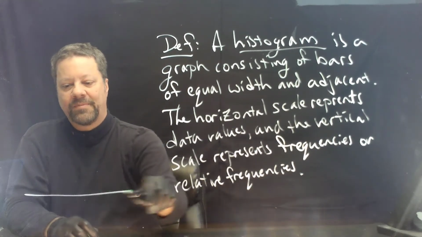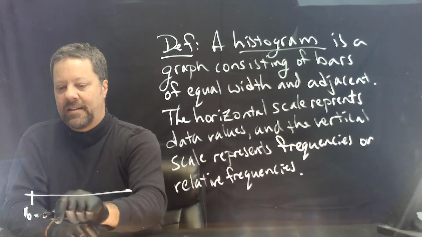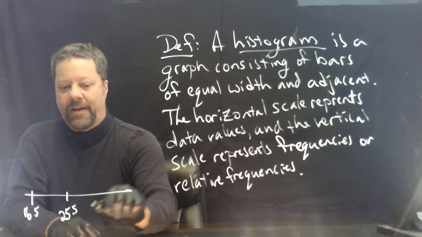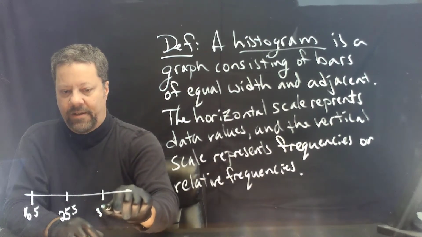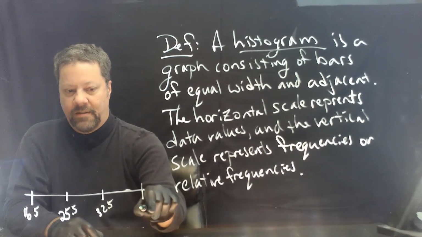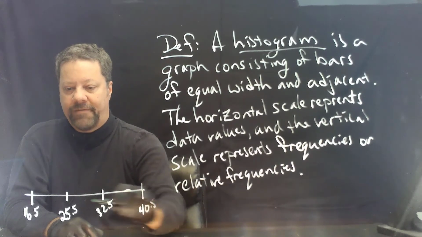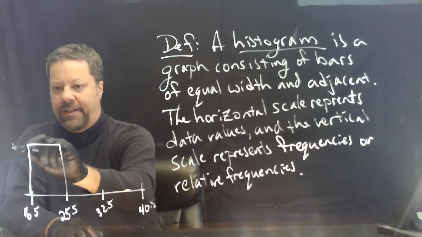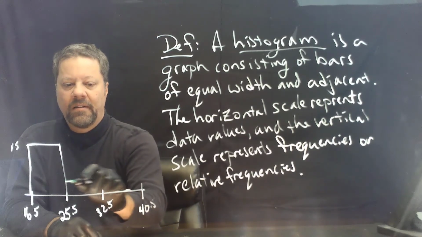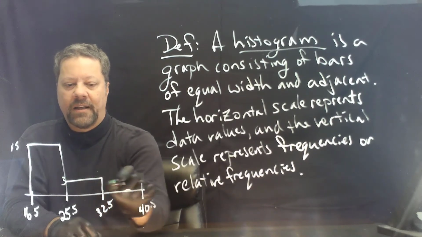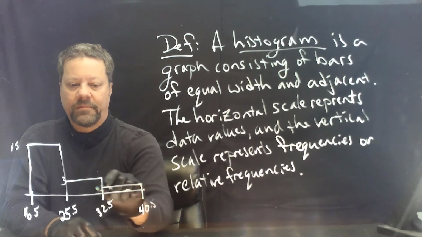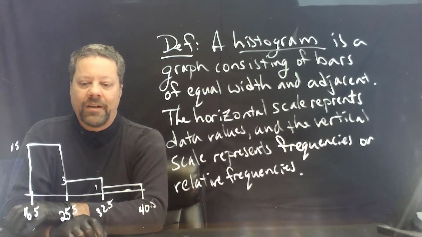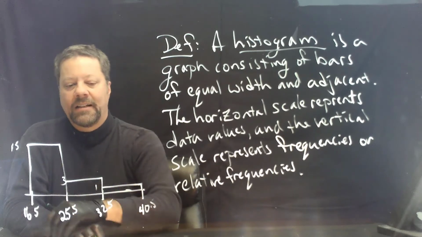So as an example, we might have something like this: 16.5, 25.5, 32.5, and 40.5. We have these different heights. What do we have? 15 here, 3 here, and 1 here. The original frequency distribution that we gave earlier, we can convert that into a histogram in this form.